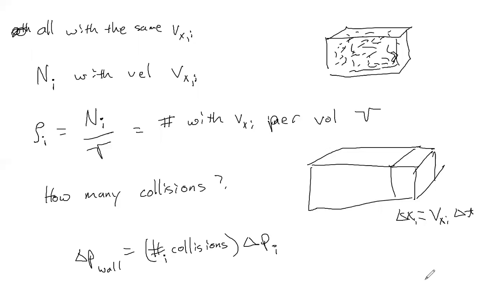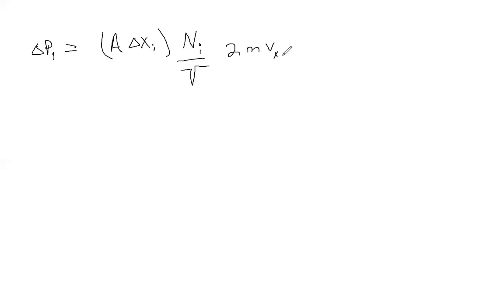The number of collisions times the change of momentum from each one is simply the volume of the slice, the area times delta x with that label i, times the density, which we said was the total number in the entire volume over the total volume, times the change of momentum coming from one such collision, which was 2 times m times the velocity Vxi.